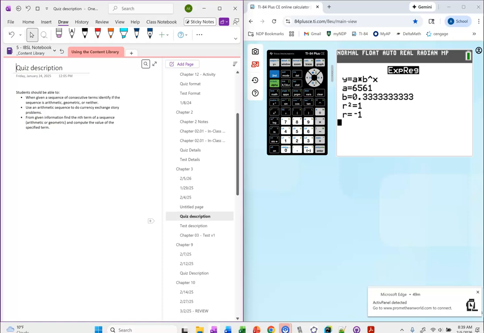So you should be able to, given a sequence of consecutive terms, determine if it's arithmetic, geometric, or neither. That should be pretty easy, right? Use an arithmetic sequence to do a currency exchange story problem. And then from given information, find the nth term of a sequence and compute the value of the specified term.